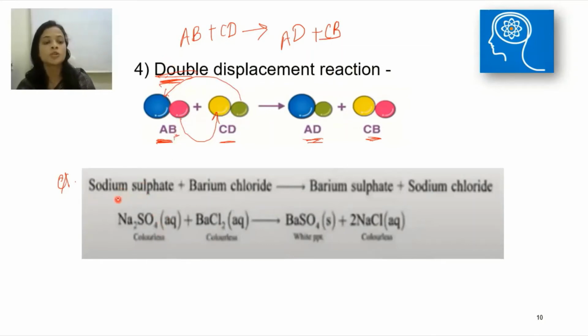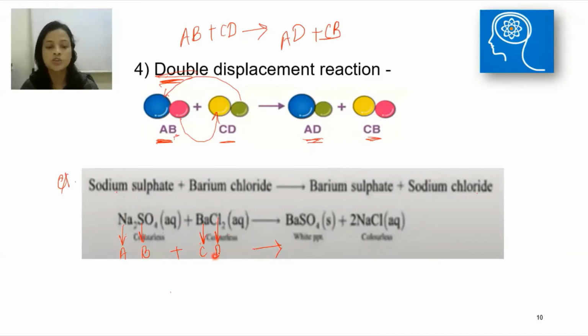So here is the example. When sodium sulfate, that is Na2SO4, reacts with barium chloride, that is BaCl2, it will give barium sulfate, that is BaSO4, plus sodium chloride, that is NaCl. So let's say this is A, this one is B, plus means AB, plus this one is C and this one is D. Now what happened here?